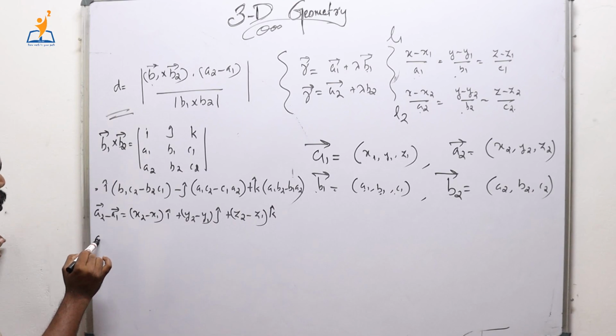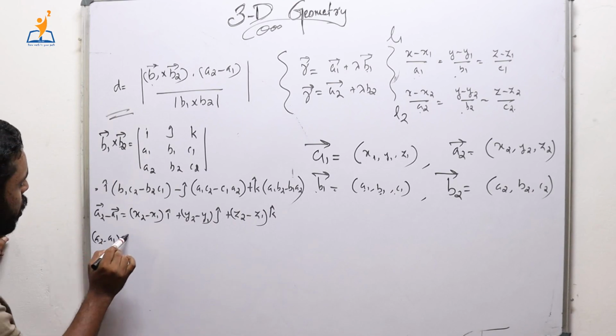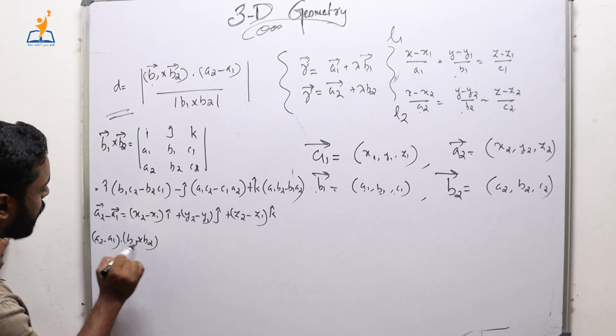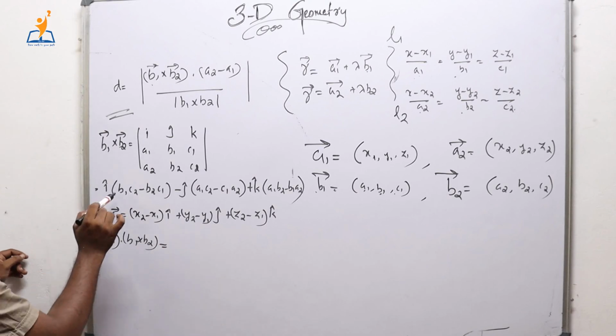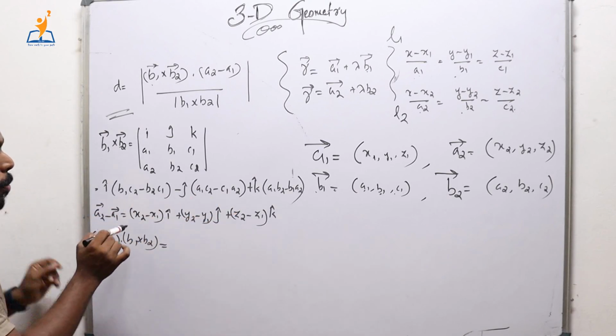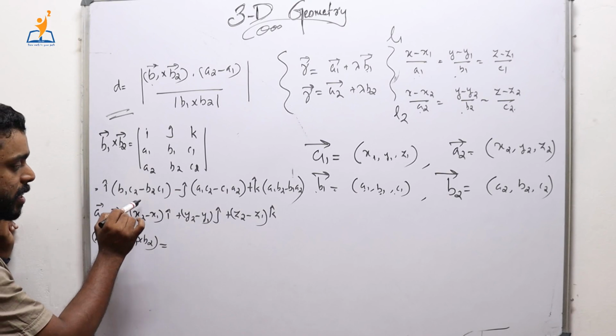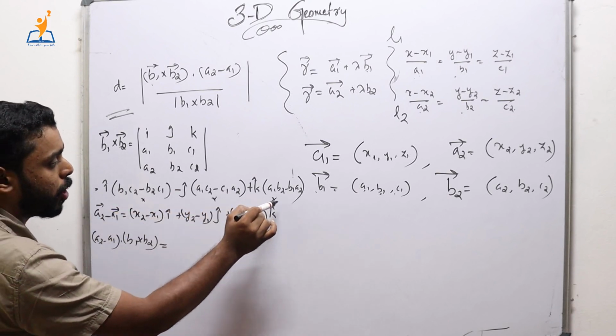So a2 minus a1 dot b1 cross b2: whenever two vectors are given in component form, we can find the dot product just by multiplying the respective components, isn't it?